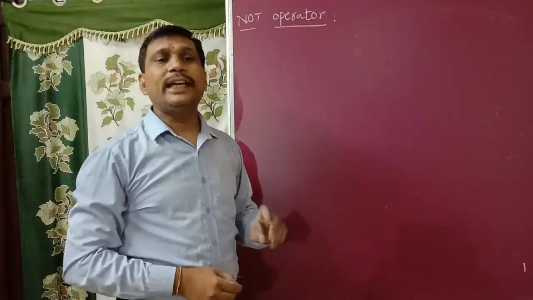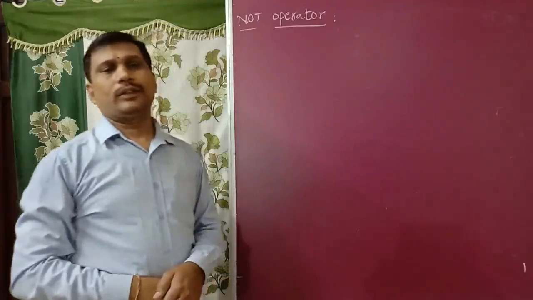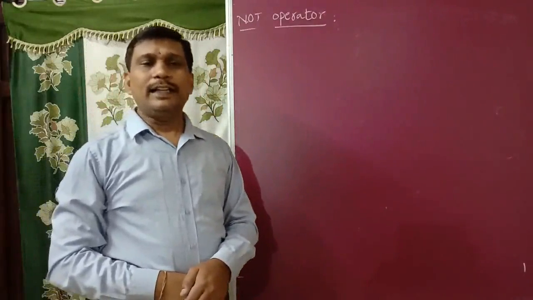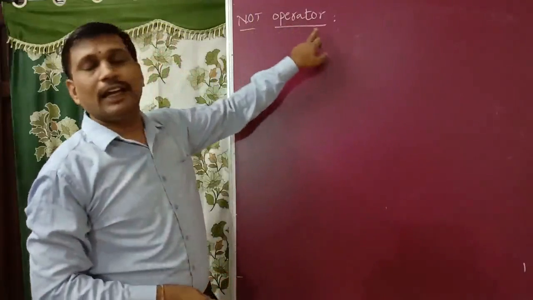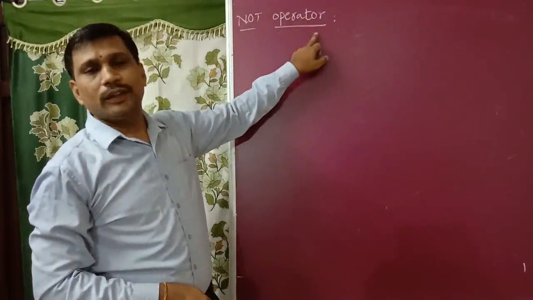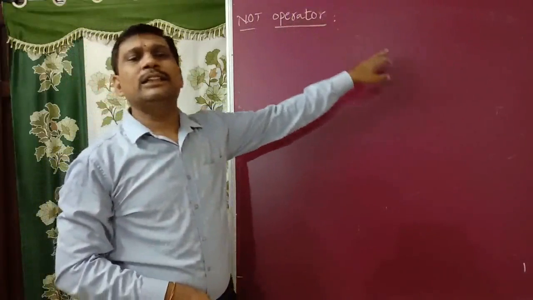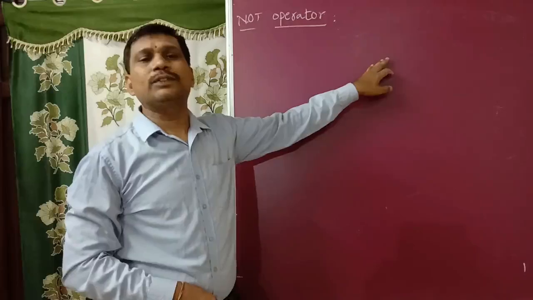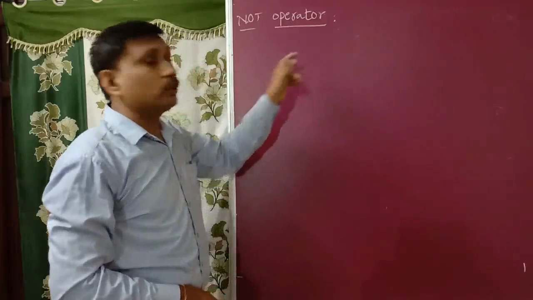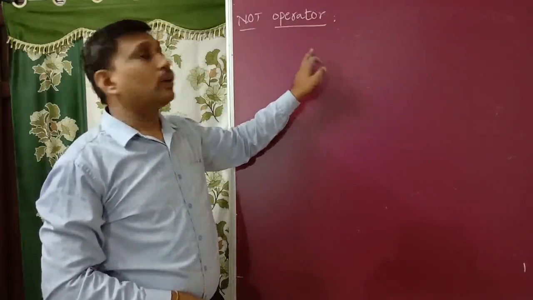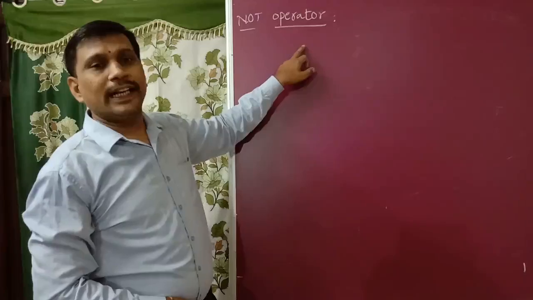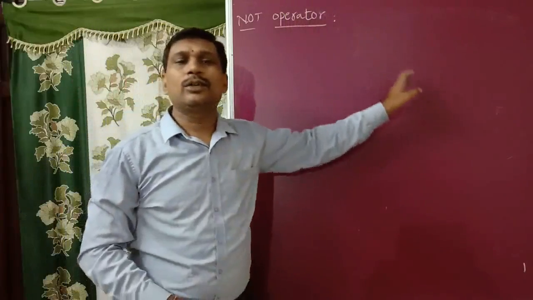NOT means negation of the given input. Suppose I give some value that evaluates to true, then it negates the value of that input, so the final output returns false. Suppose I give the input value false for one condition. The NOT operator negates it. False means it returns true.